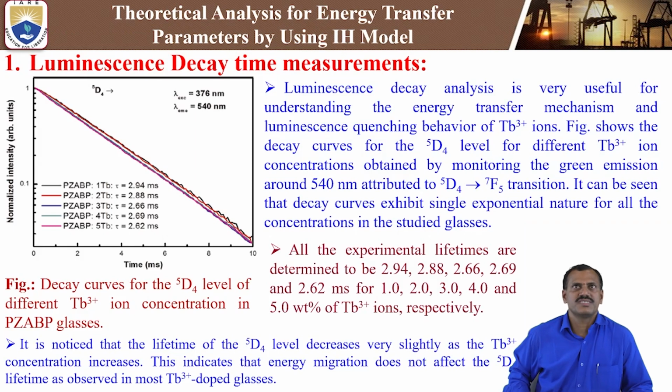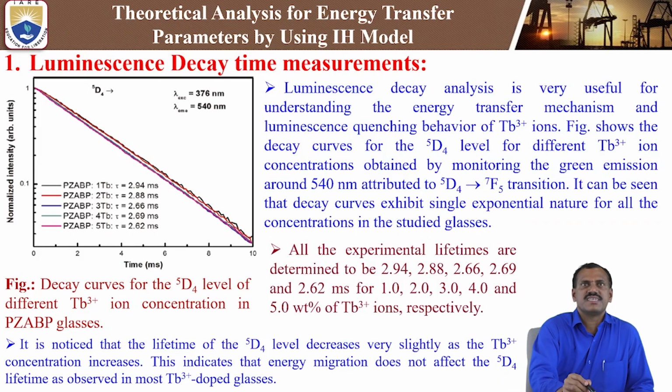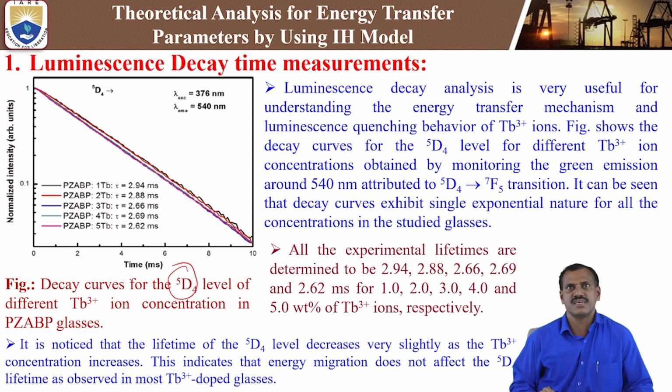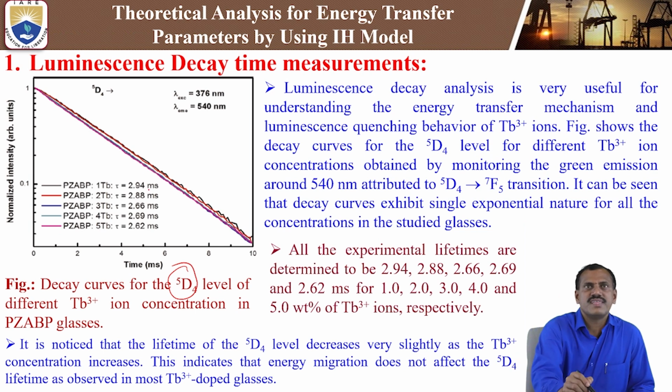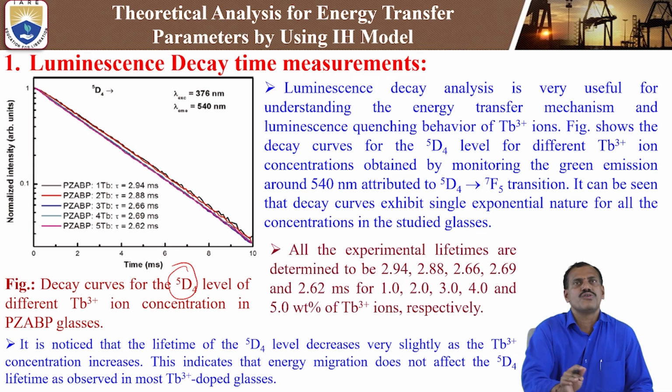First, luminescence decay time measurements. Here is the decay lifetime, or luminescence decay time, for the 5D4 level in the terbium 3 plus doped glass. All the lifetime measurements for the 5D4 level show single exponential nature, which means there is no energy transfer.